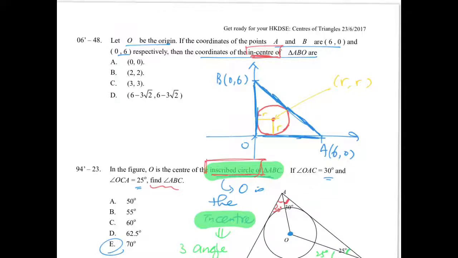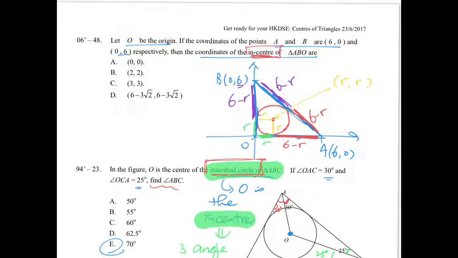So tangent property tells you that this length is r, so this length is also r. By subtraction, you know this line in red is 6 minus r. So the other side will also be 6 minus r. Now turn to the third color. By subtraction, this line will be 6 minus r because of the coordinates. And then the other side will also be 6 minus r.